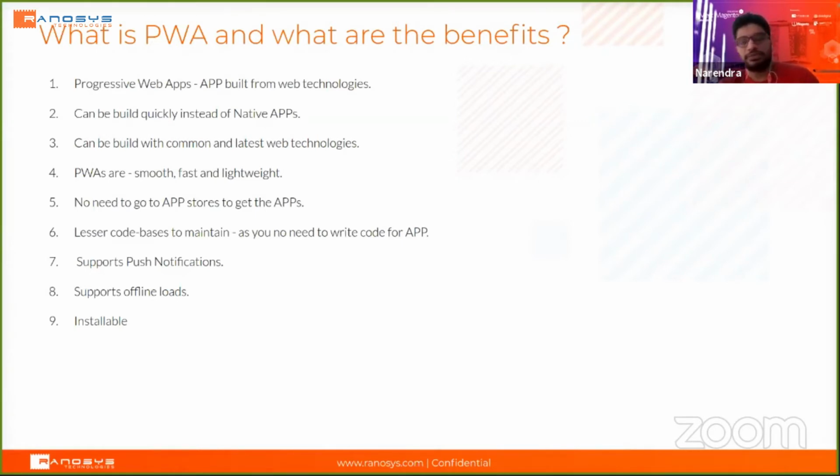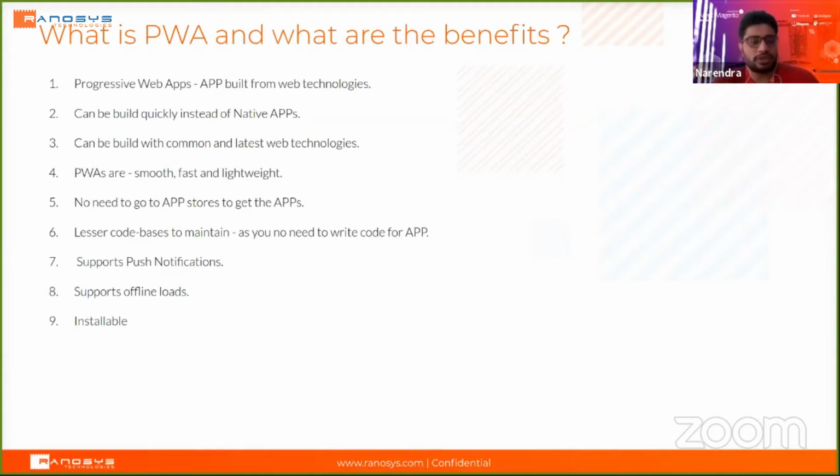The PWA supports various native app features that are actually needed for any business, like push notifications. So let's say you are running a festive season or Black Friday sale, and you want to shoot out some push notifications. That is possible if you are using PWA apps. It supports offline access as well, even offline ordering. So if I visited a page and now I don't have an internet connection, I can access those pages again.